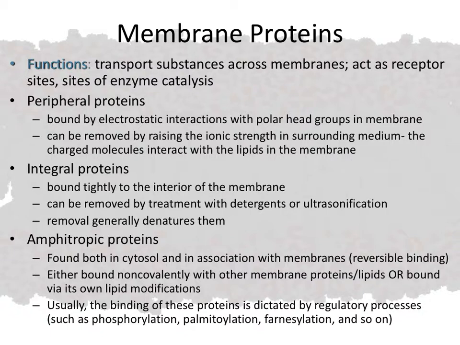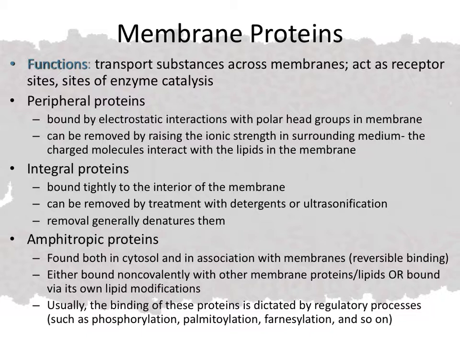All right. So we've already talked about the whole idea that proteins are peripheral, integral, and those deemed amphitropic, meaning they're found in both. I would expect you to be able to talk about the different ways to isolate these proteins. This should make sense, since a peripheral protein is primarily going to be bound by an electrostatic interaction.